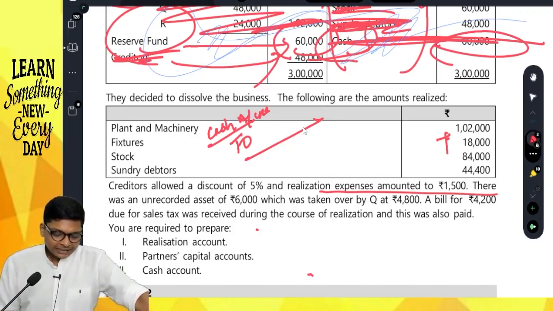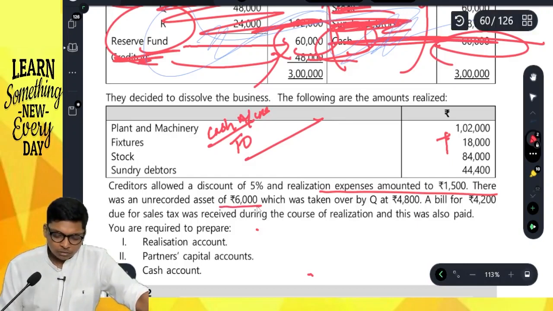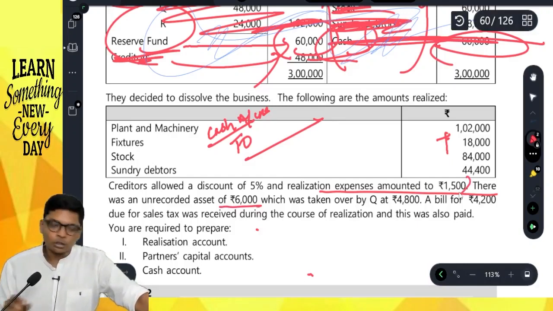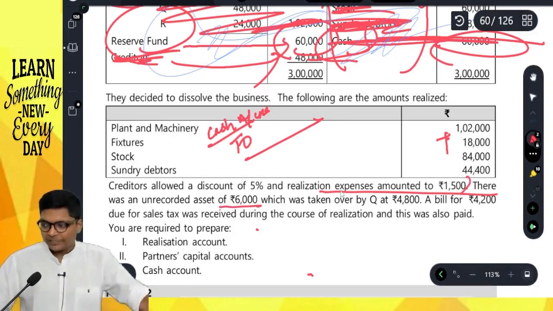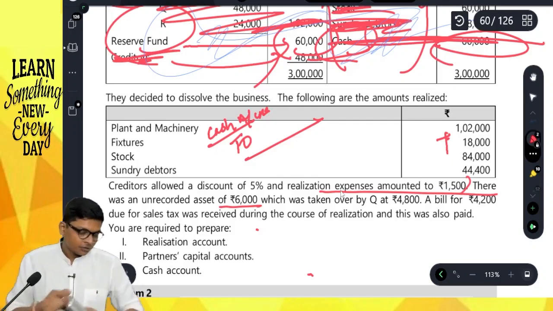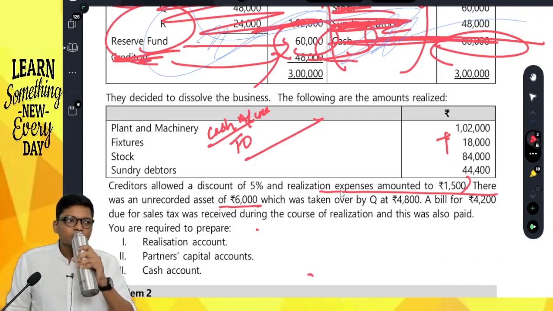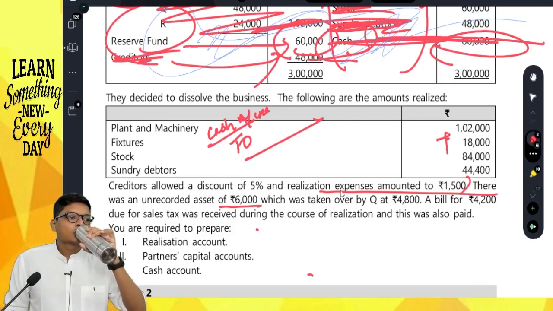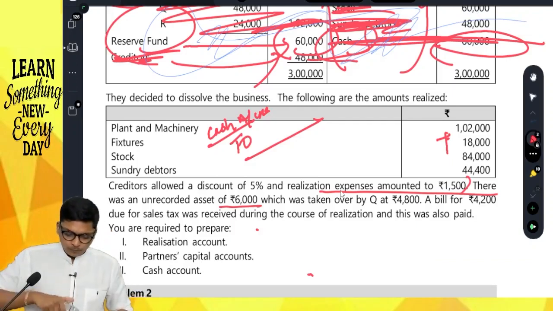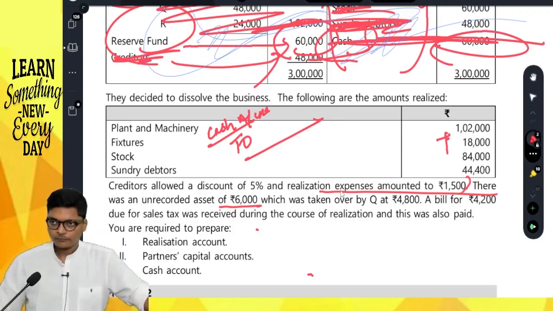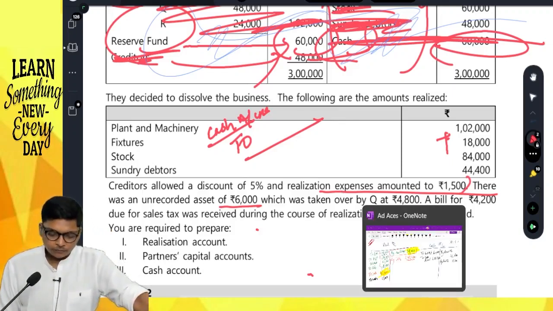Then there is an unrecorded asset. Can I proceed or I'll wait? I'll hold on. Just finish off guys, till expense you finish posting. I'll just give a few seconds. Fine.